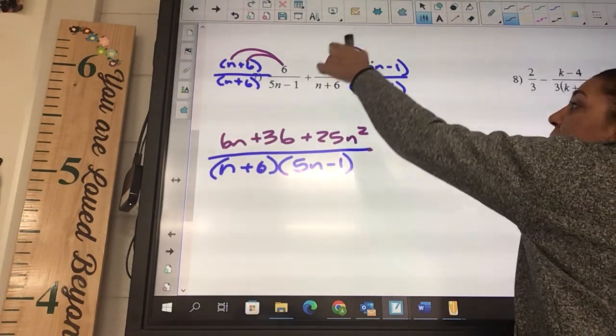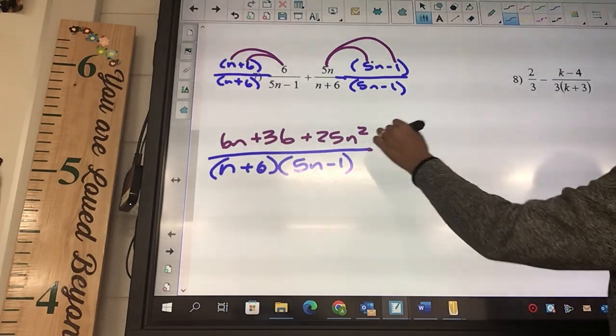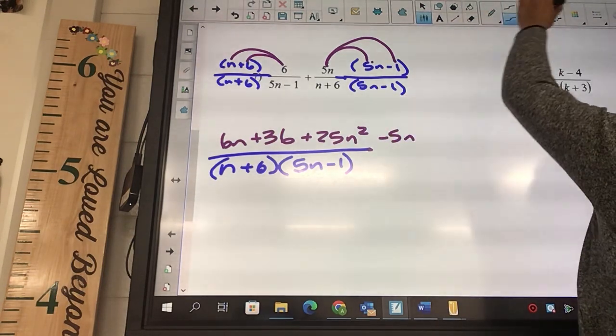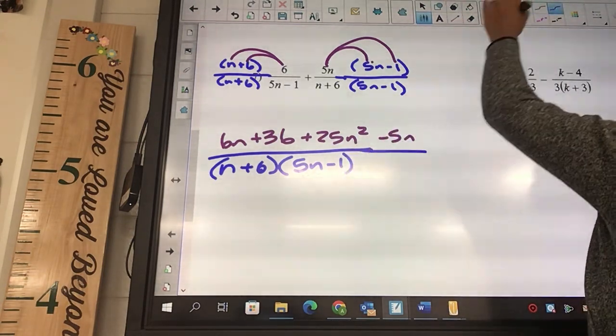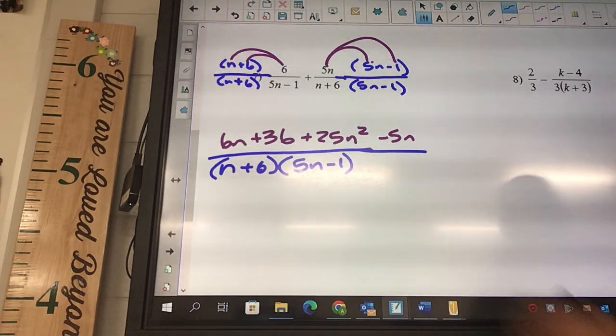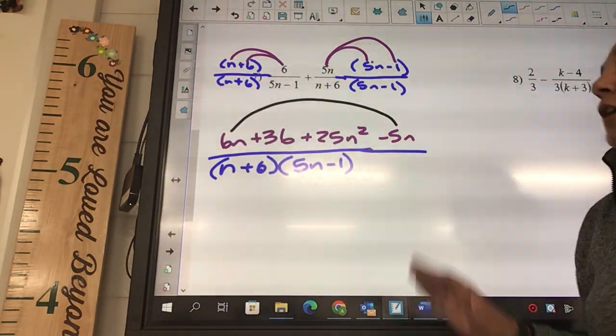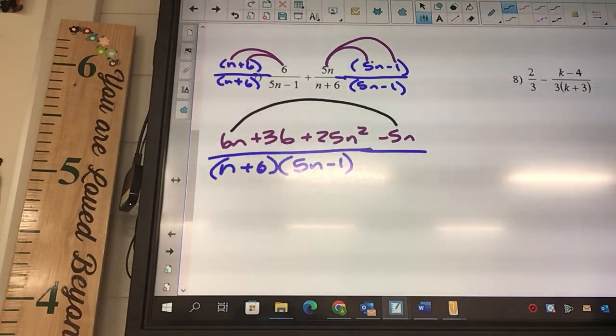Okay, and then I got 5n times negative 1, negative 5n. What can we combine? The 6n and the negative 5n are going to give me what? 1n.